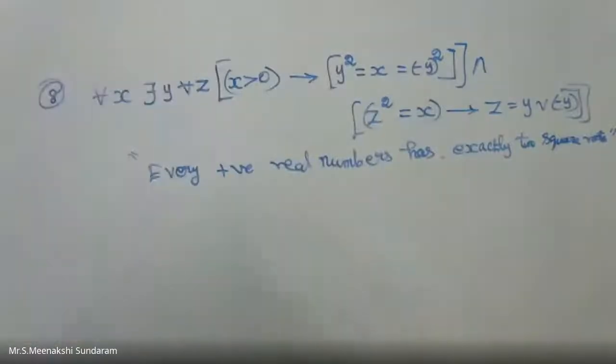That is the statement. Every positive real number has exactly 2 square roots.